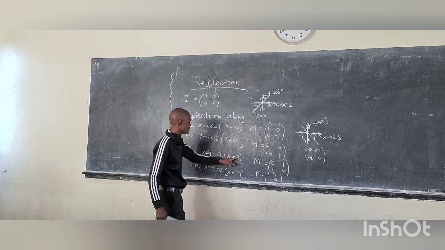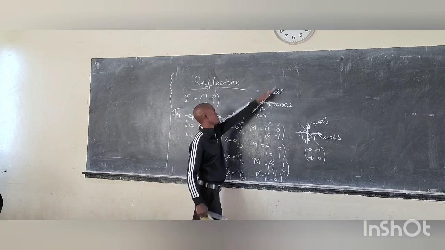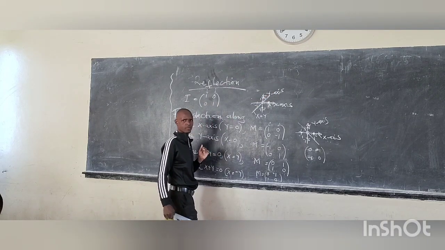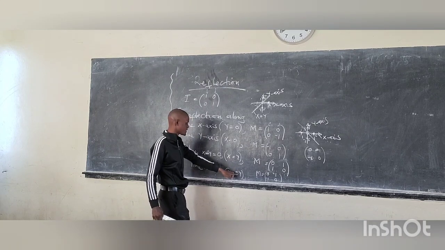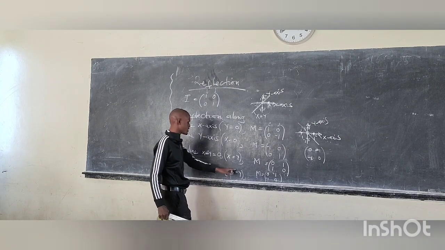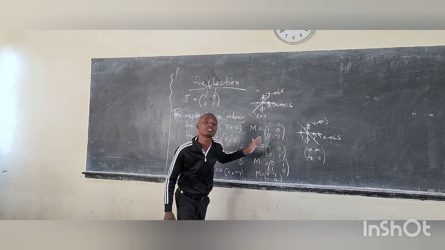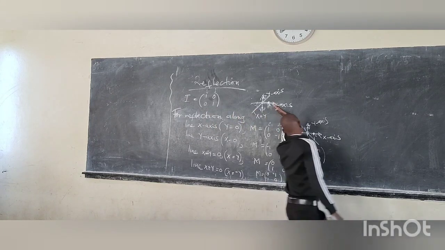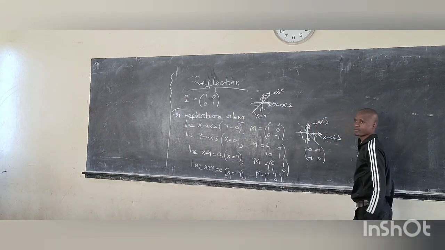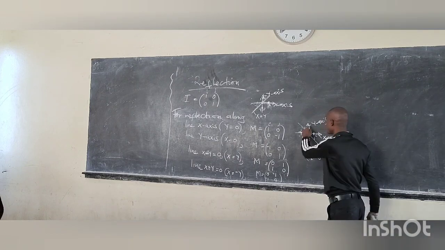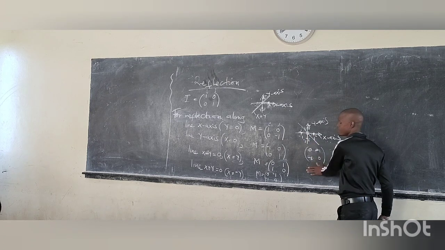When I make x a subject and they are both positive, my line moves in that direction. If I make x a subject and y goes the other side, when one of the two is a negative, then it is an inverse relationship. It moves like this. Is it clear? Then you reflect this to get that, and you write the matrix A.